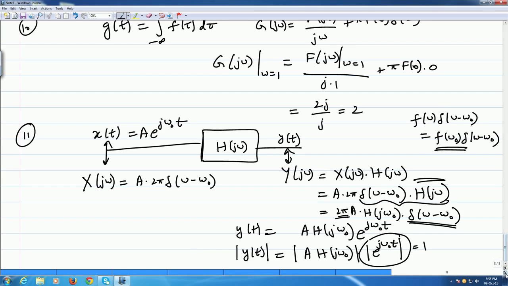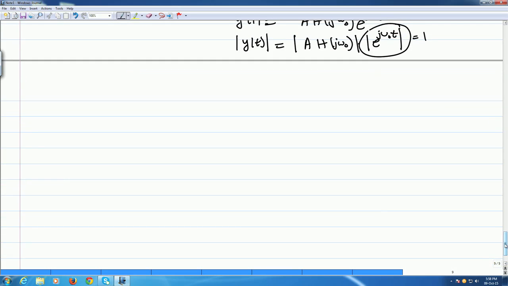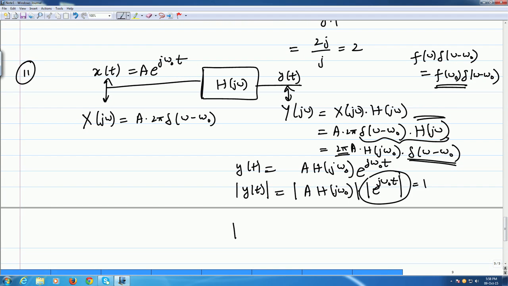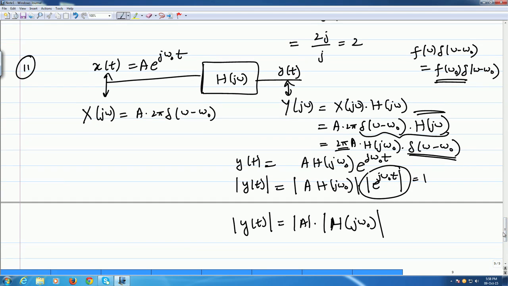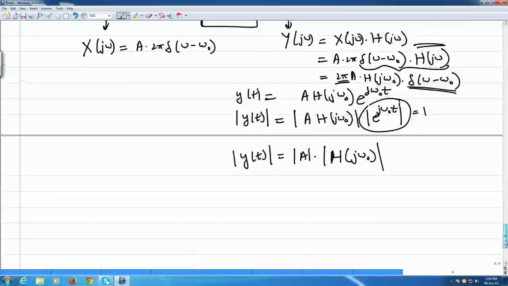So, this will just simplify in absolute value to just the absolute value of a times the absolute value of h of j omega naught, okay. So, there are lots of simplifications that are possible, and these are the results. So, this basically tells you if a complex exponential enters an LTI system, what you get out is again a complex exponential, except that the amplitude and phase are changed by the evaluation of the frequency response at omega naught. Okay, so that is the result here.